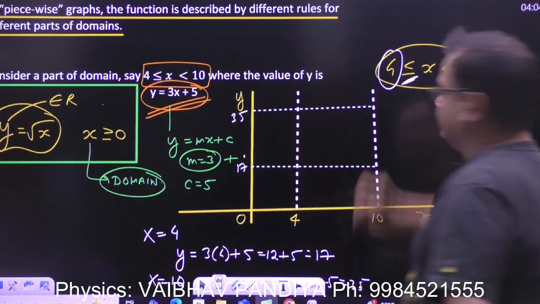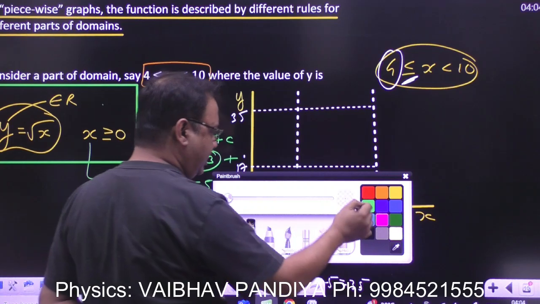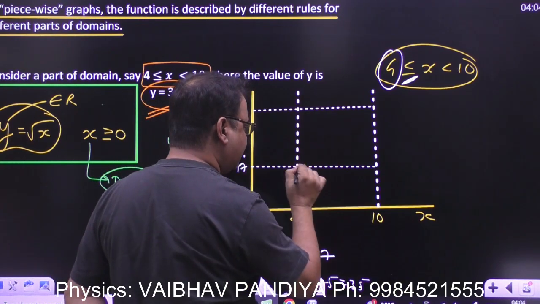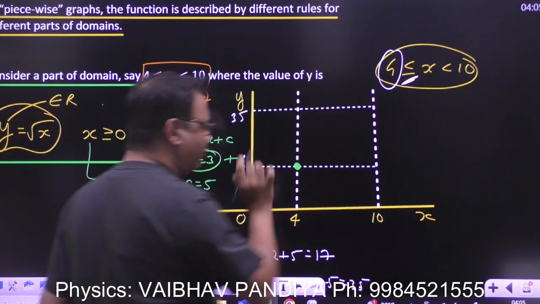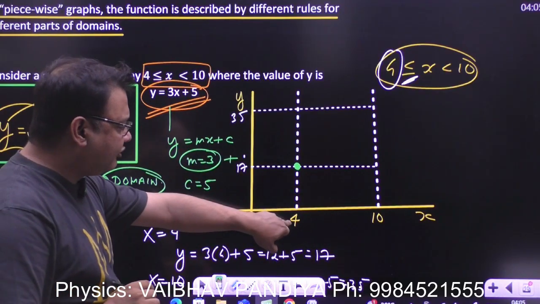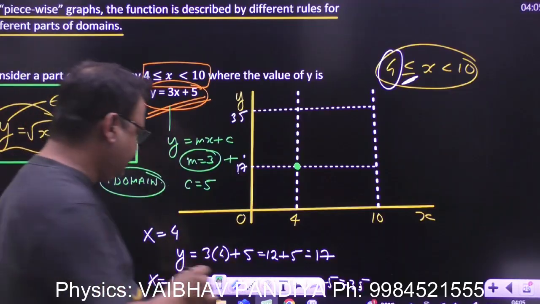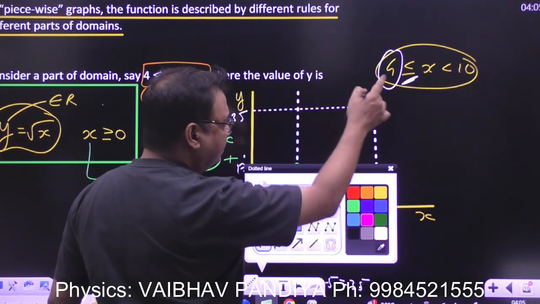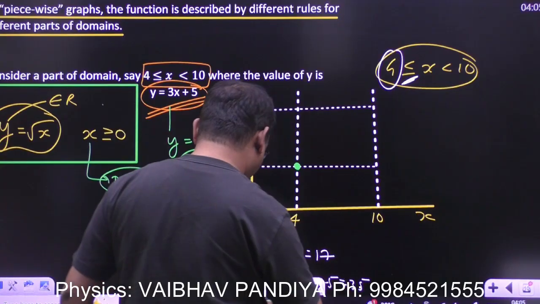Can you see? There is an equal sign. So here the graph will be a straight line going up, and here you will make a dark circle. This dark circle is denoting that at x equal to 4, the value of y, 17, is present. Okay, however the value of 10 is excluded. So here you will make a hollow circle.